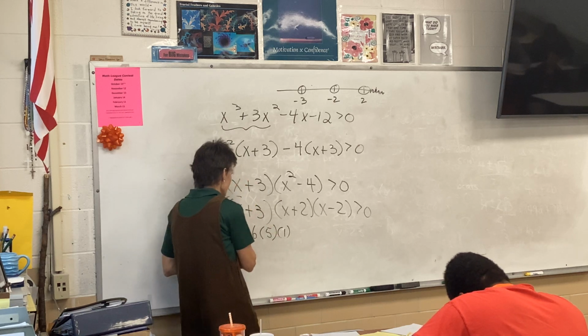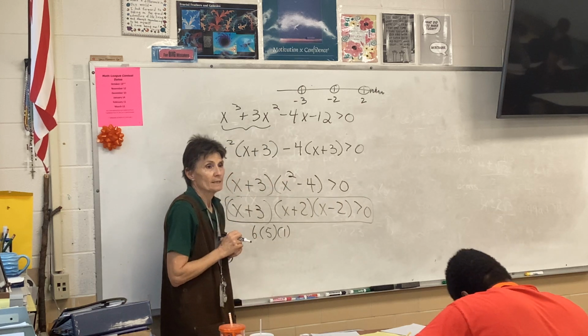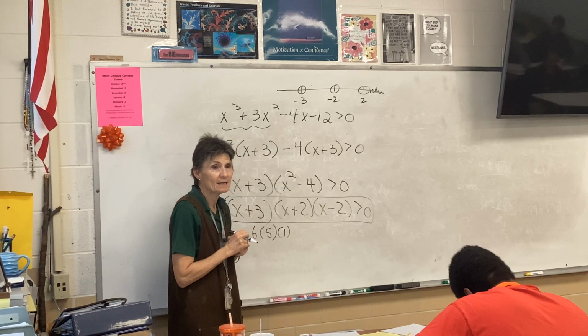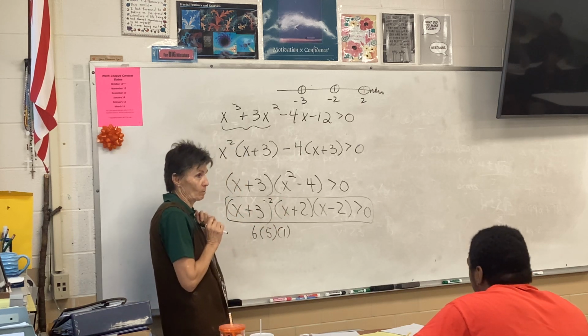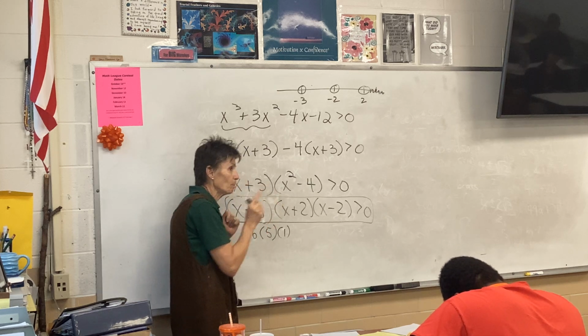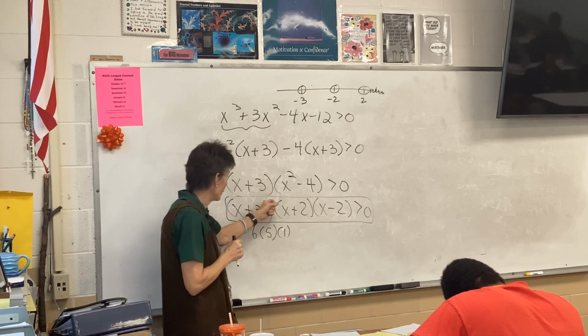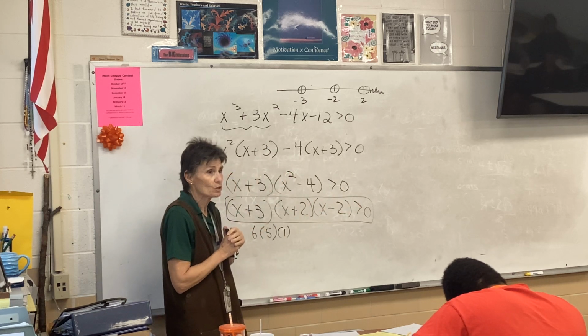Now, would you consider this to be a normal problem? Yes, because nothing is squared. I don't have that. That would make it abnormal. If it's a normal problem, that is no squares on your parentheses, you're allowed to shortcut.